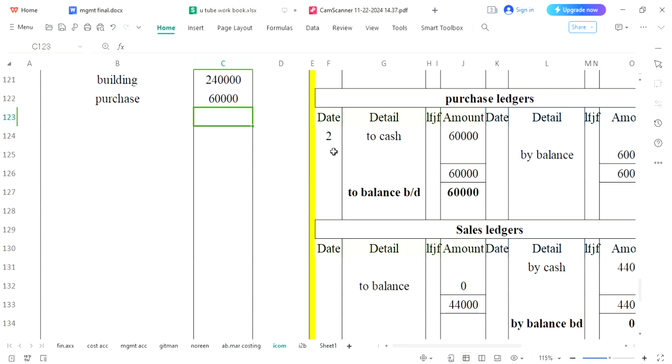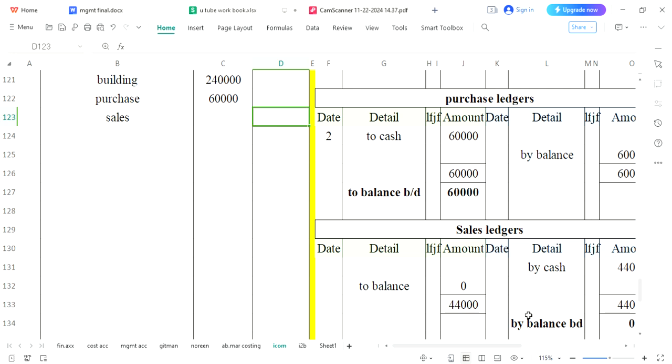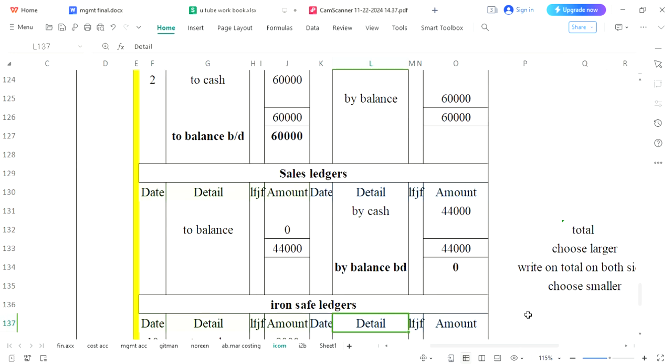Next ledger is sale. First step is to put the title, and now we will see where its balance is written. Look at here, balance is, one second, rough work has been deleted, so we will be calculating manually.